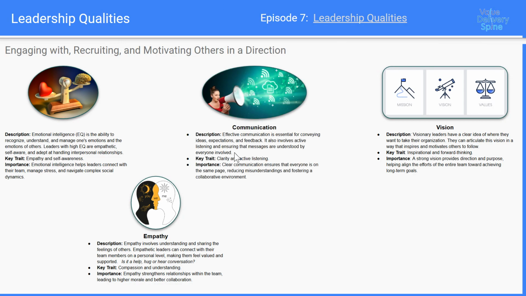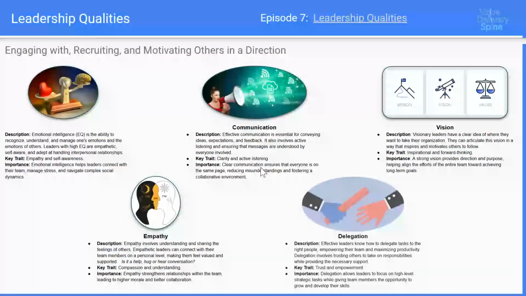And then communications, being able to effectively communicate what you're trying to accomplish in a clear way that has people engage and be inspired to move forward with you. And the final one for recruiting and motivating others in a direction is delegation. Once you have people engaged, you're able to hand things off and let them in their agency deal with that thing, and trust that they will deal with it well. So these are the qualities that you want to develop to recruit and motivate others.